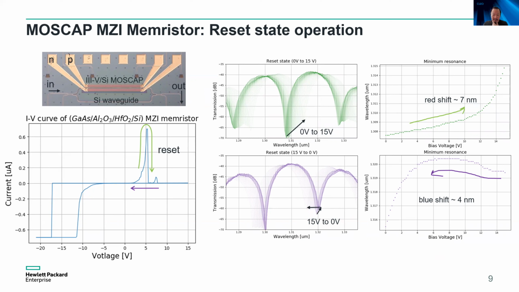Right now, we don't know why we can't optically reset the device. So we're in the process of investigating interfacial chemistries with TEM and EELS, or electron energy loss spectroscopy, experiments.